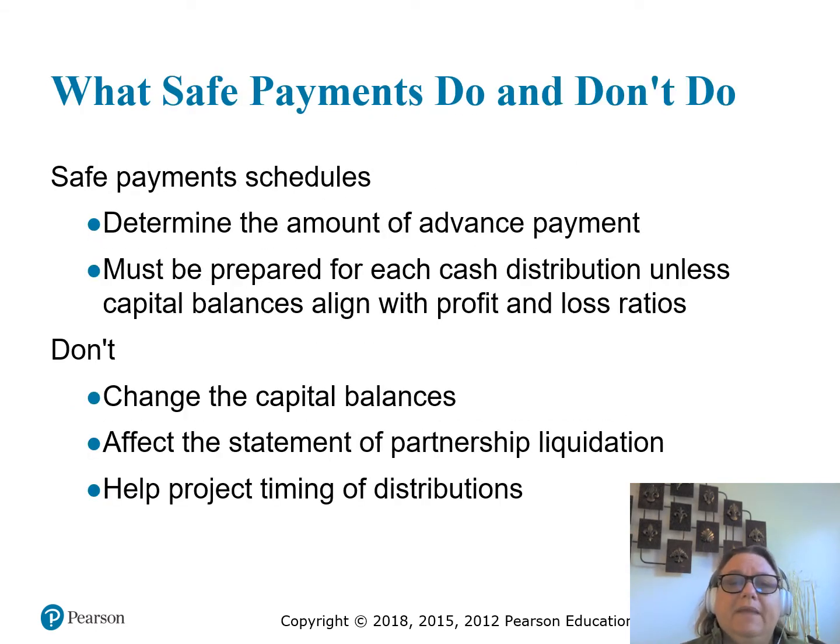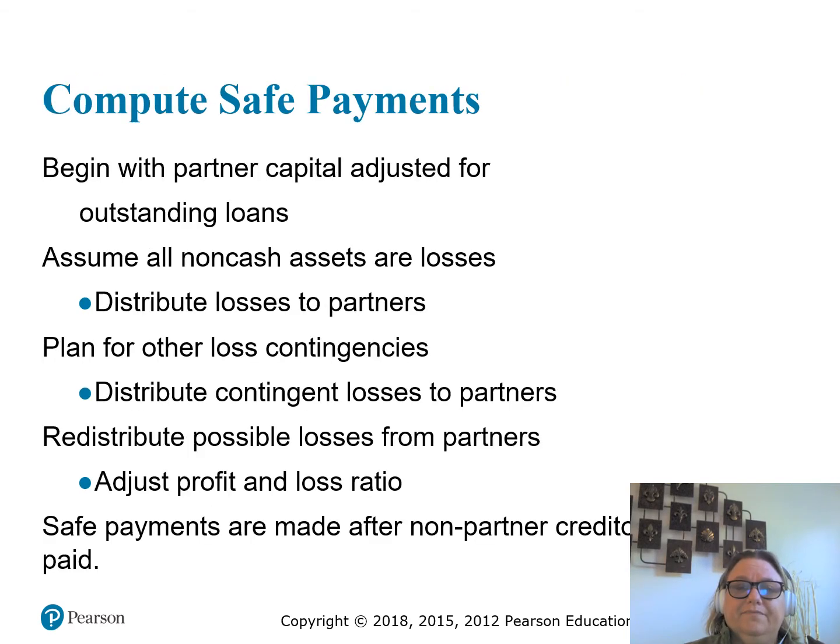What do safe payments do and don't do? Safe payments determine the amount of advance payment, and must be prepared for each cash distribution unless the capital balances align with profit and loss ratios. Here's what they don't do. They don't change the capital balances. They don't affect the statement of partnership liquidation, and they don't help the timing of distributions.